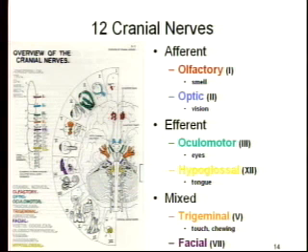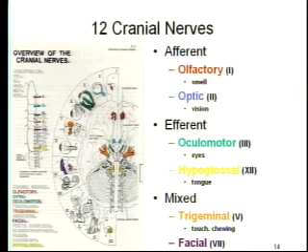Other cranial nerves are exclusively efferent in nature. Their sole function is to mediate motor impulses coming out of the brain, going towards various parts of the skeletal musculature. And of course, just to make life a little bit difficult, there are some cranial nerves that are mixed in nature. They have both afferent and efferent functions.